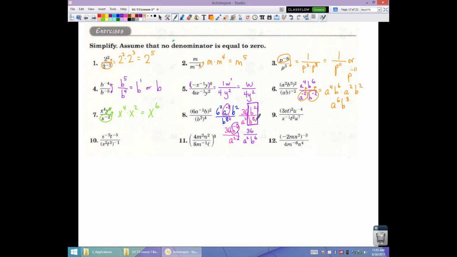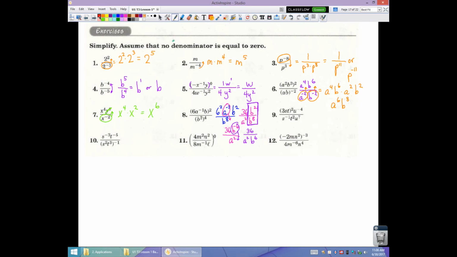Rather than see this in-between step where you did 2 minus 8 and got b to the negative 6th, once they're all positive I can just subtract the larger exponent minus the smaller exponent, 8 minus 2 is 6, and then just know that my b's that remain will be written wherever the larger exponent was. Since my b to the 8th was in the denominator, my leftovers, my b to the 6th, is in the denominator.